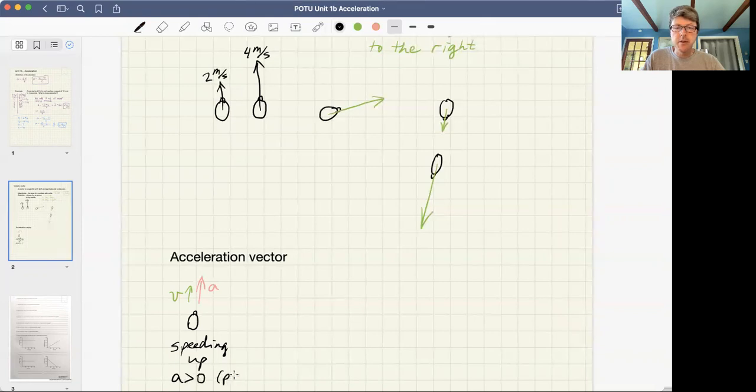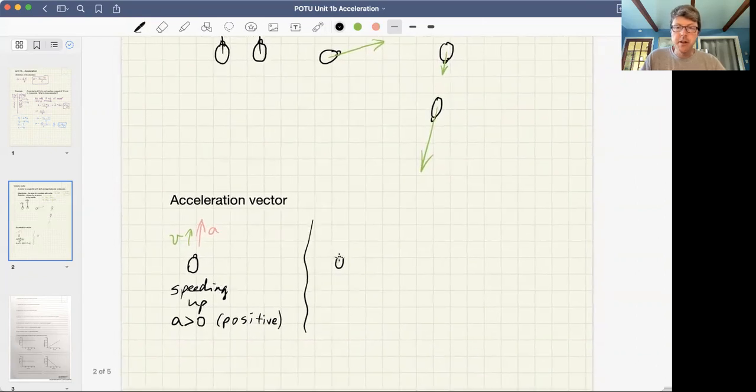Another situation that we might have is if an object is going this way, that's its velocity, but it is accelerating in the opposite way.